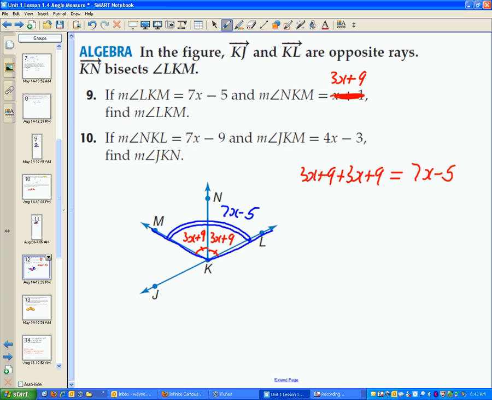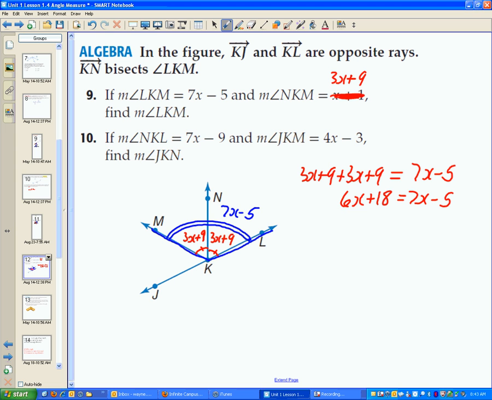Because we're going to do tons of these before the year is over. Yes? All right, well, we're in business now. Simplify on the left. 3x plus 3x is 6x. 9 plus 9 is 18, equals 7x minus 5. How about we subtract 6x from both sides?